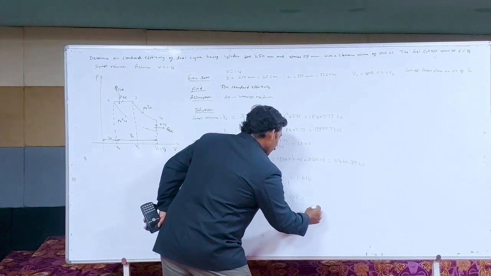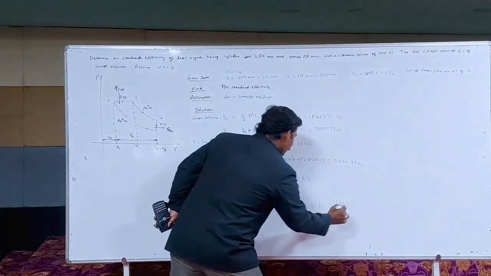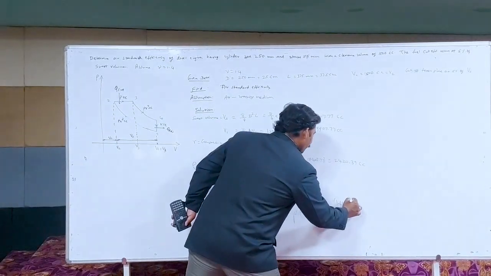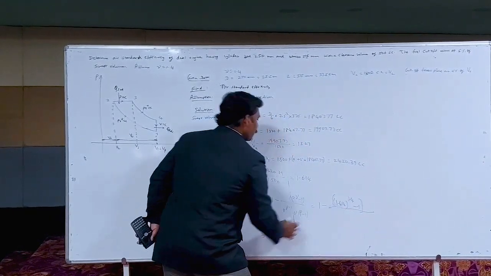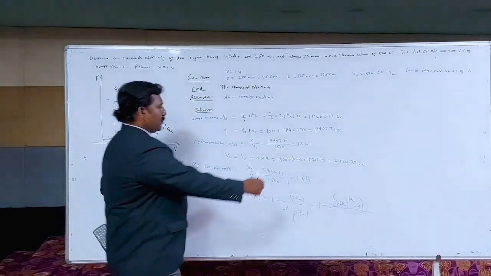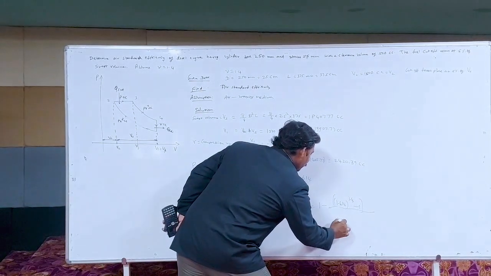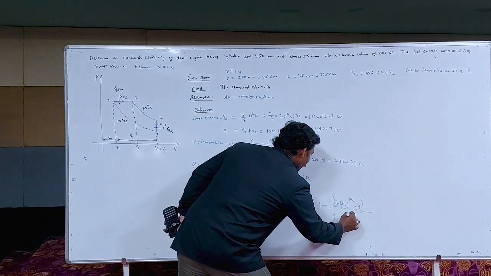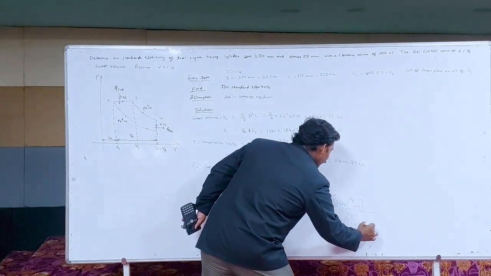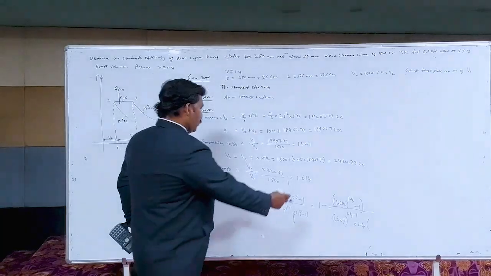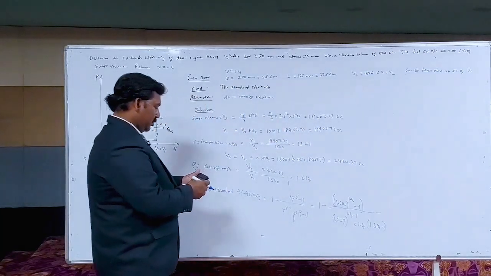Rho is cutoff ratio, 1.614; gamma is 1.4; compression ratio is 13.27. So now we have to calculate the values.